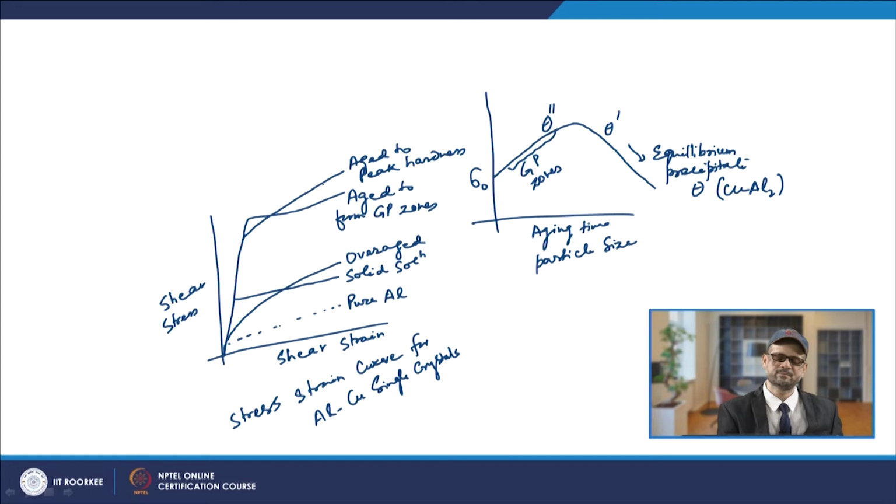So, this is the shear stress and shear strain curve for the aluminum copper single crystal, and it shows how the property differs once you age to form GP zones, to peak hardness, or to overaged conditions.